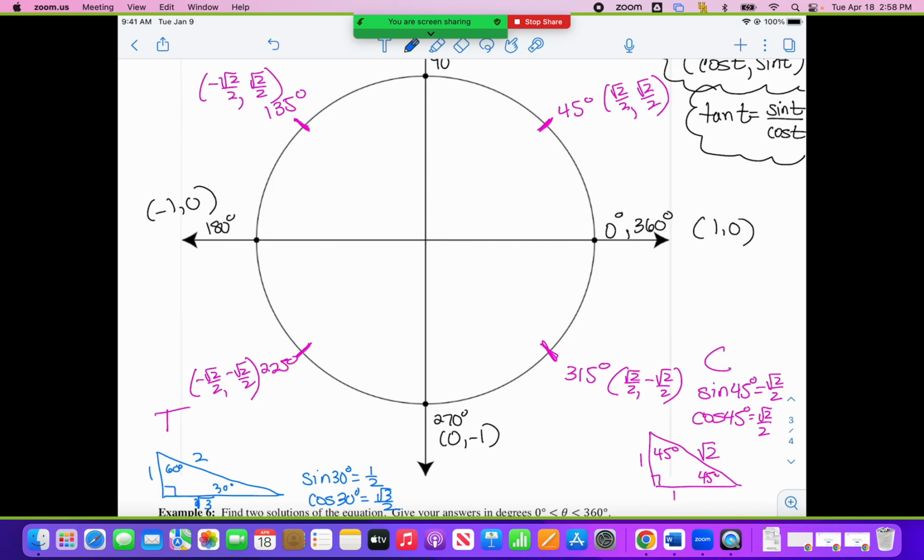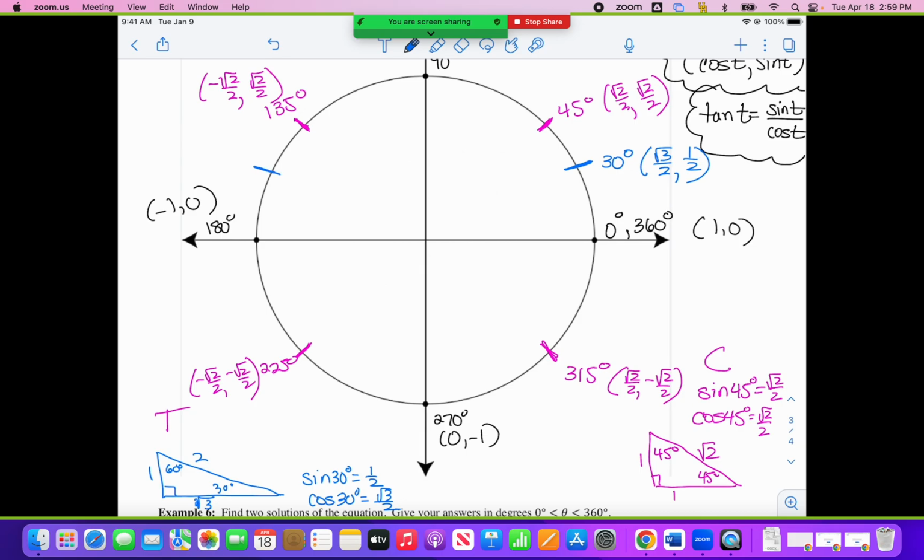So watch what I'm going to do. I'm going to go through the circle, and I'm going to go 30 degrees away. So if I go 30 degrees away, the cosine is square root 3 over 2, and the sine of 30 is 1/2.